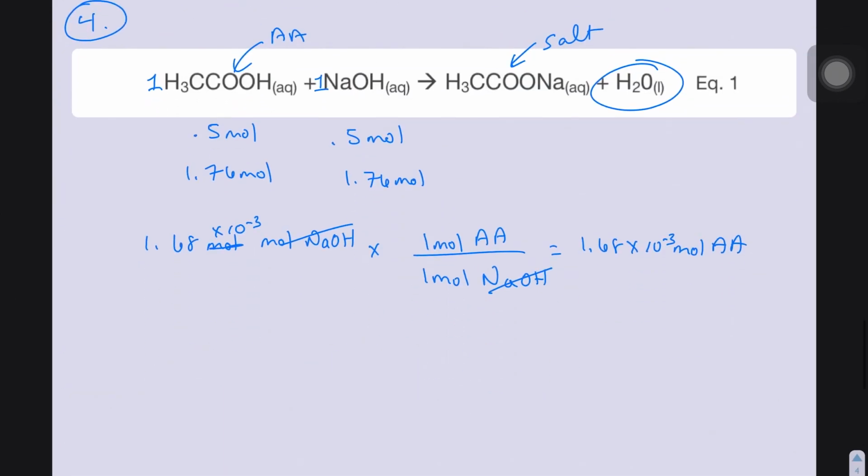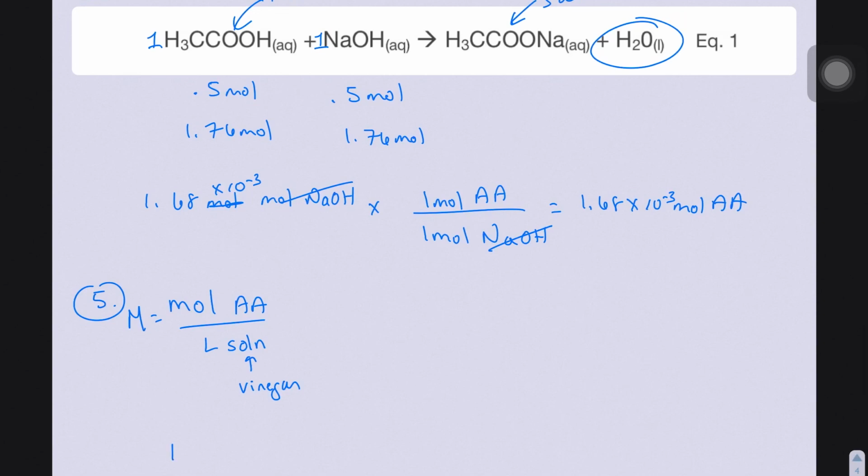Okay, so step 5. So again, we want a concentration. We want to get a concentration which is measured in molarity, which is moles of acetic acid per liter of solution, which in this case is, our solution is vinegar. So what do we have? We have moles, 1.68 times 10 to the minus 3 mole acetic acid divided by, we need a volume of vinegar.